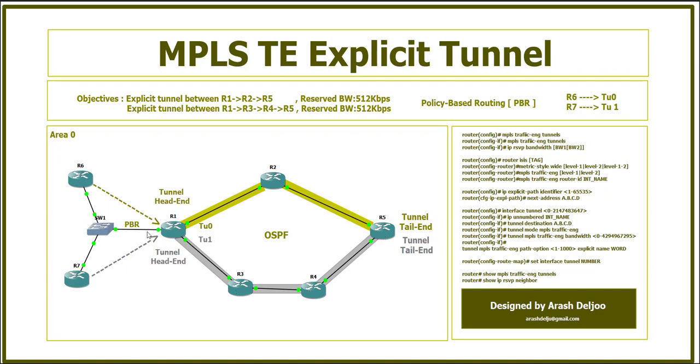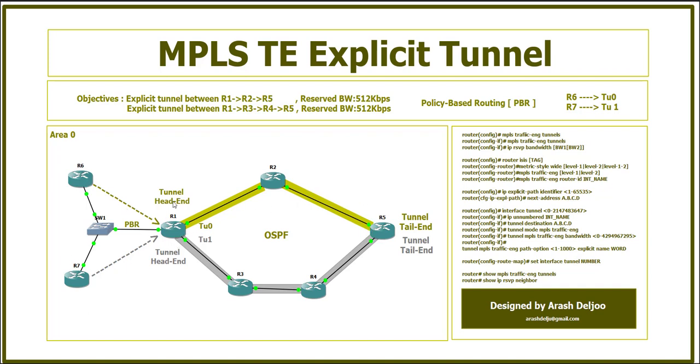When R6 or R7 are sending traffic to R1, normally R1 should forward the packets according to the routing table. For example, because the upper path has less metric and higher preference, the traffic from R6 and R7 normally should be forwarded through the upper path.